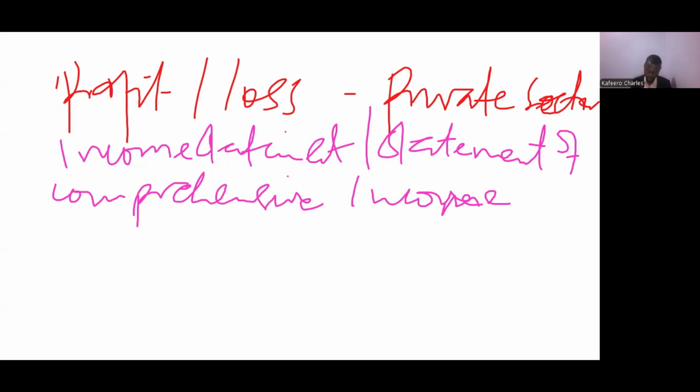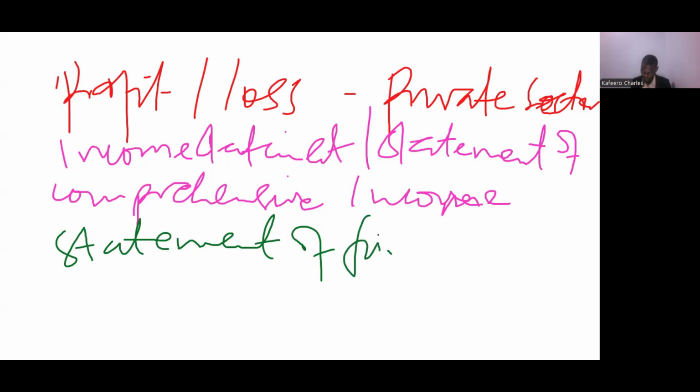But when you go to the public sector, we call them statement of financial performance.